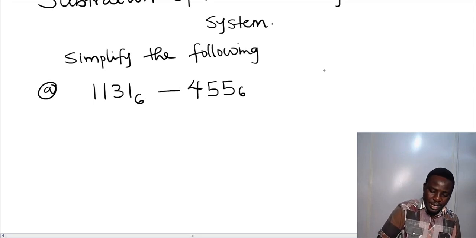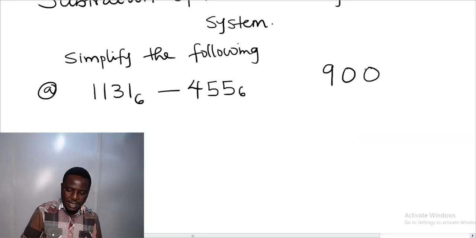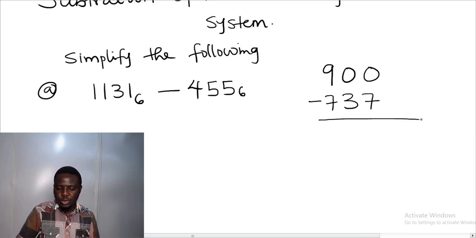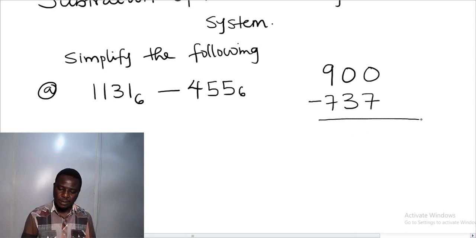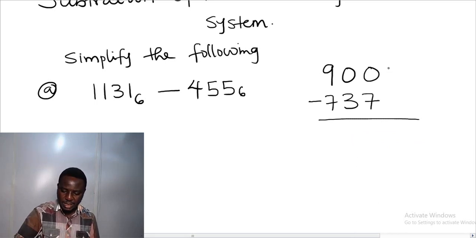For example, if we are asked to subtract 900 minus 737, how do we do this? Ordinarily in base 10, let me add one more digit.